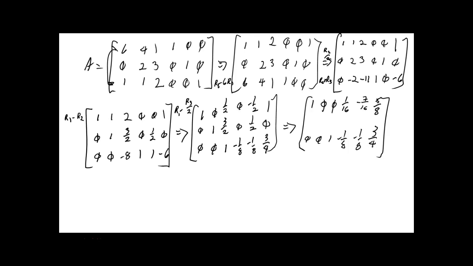Okay. Next thing we want to do. Got to get that to become a 0, right? And how are you going to do that? Row 2 minus 3/2 row 3 becomes a new row 2.